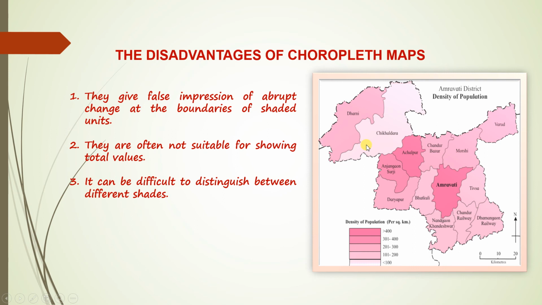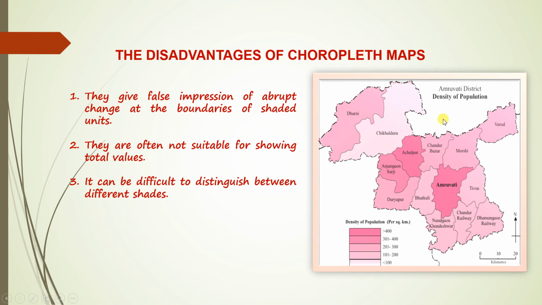So abrupt change means after Dharani, the Chikaldara taluka starts. So that doesn't mean that population suddenly becomes less here. This is the meaning of that abrupt change. So it gives a false impression of abrupt change at the boundaries of shaded units.